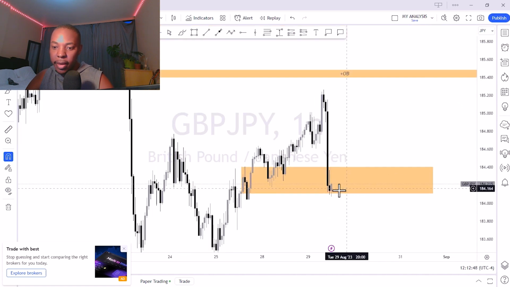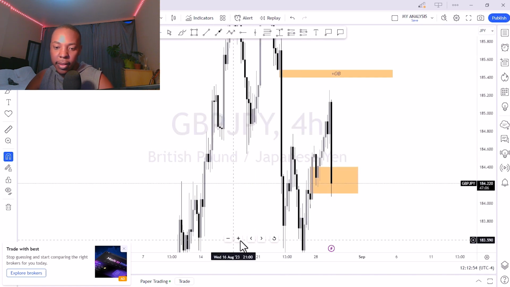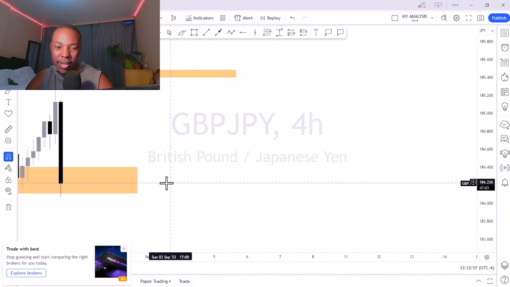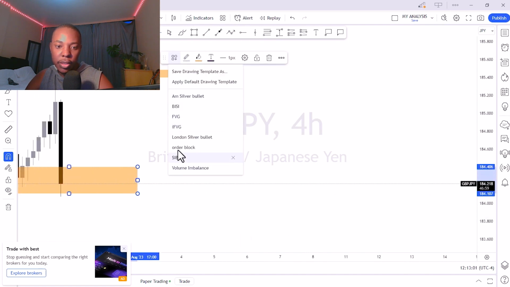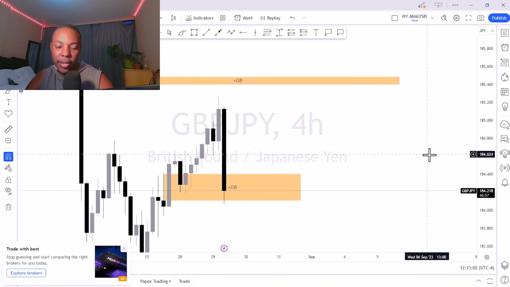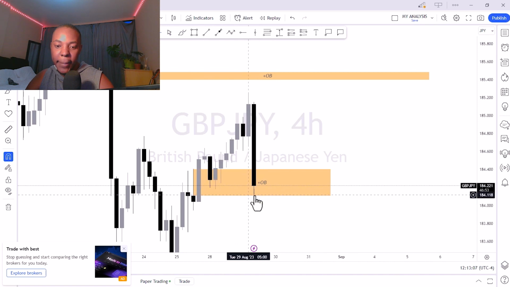I took a buy right there, looking at the H4 order block, using this order block here. Let me just quickly do that. Using that order block there, I took a buy and hoping this order block holds.